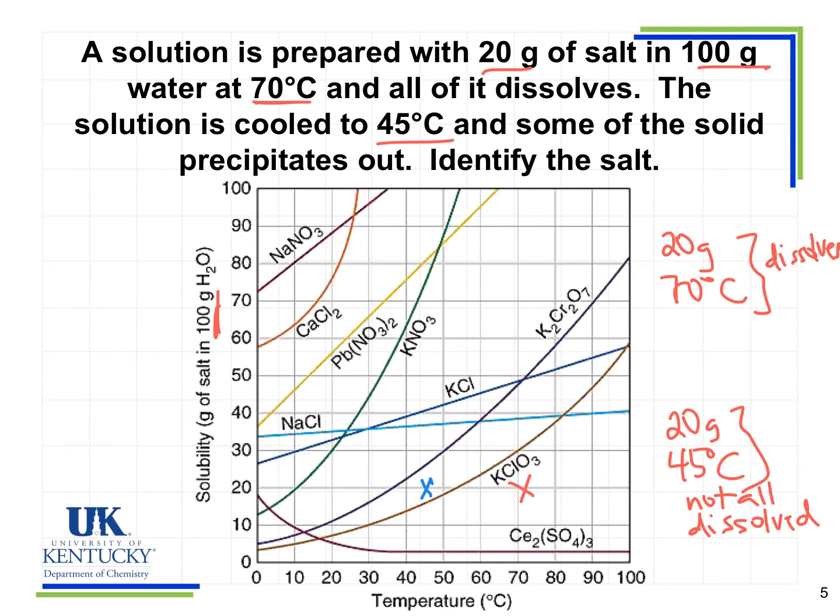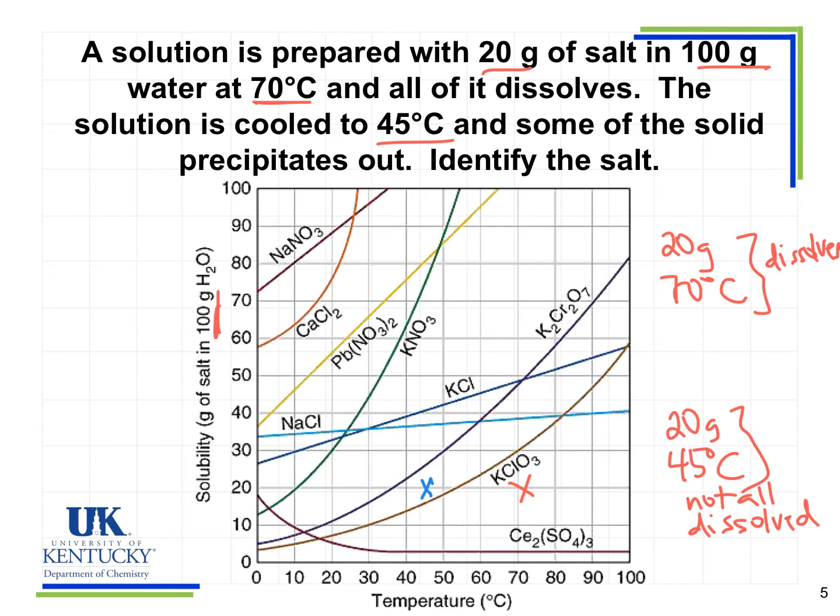So the only thing that will not completely dissolve when I add 20 grams is the cerium sulfate, Ce2SO4. If I put 20 grams of this compound, it is above its maximum solubility, which at 70 degrees is about 3 or 4 grams.